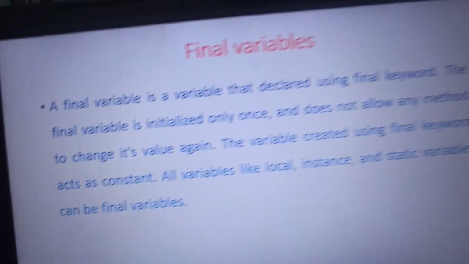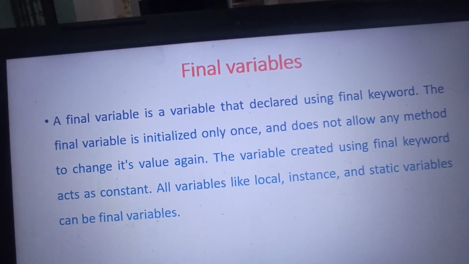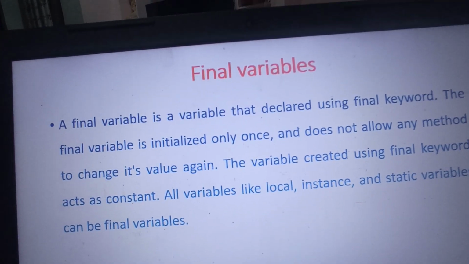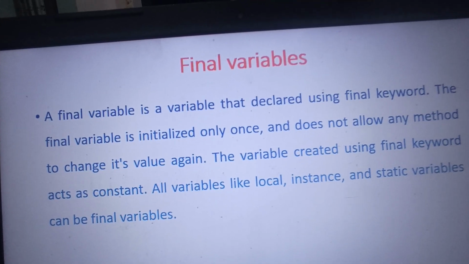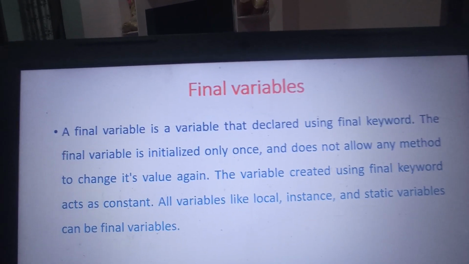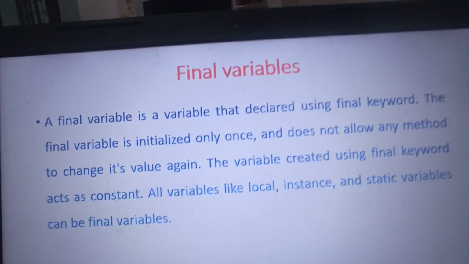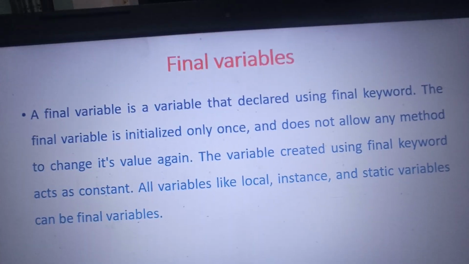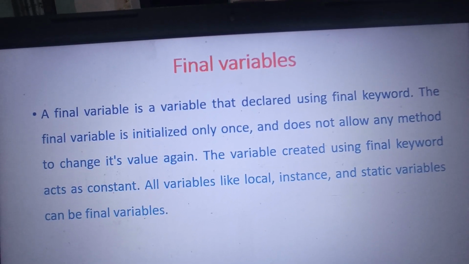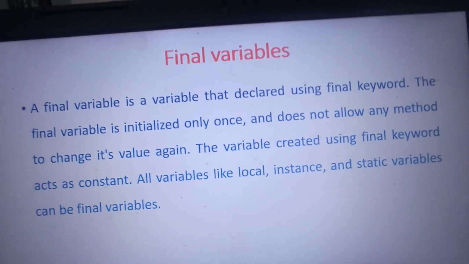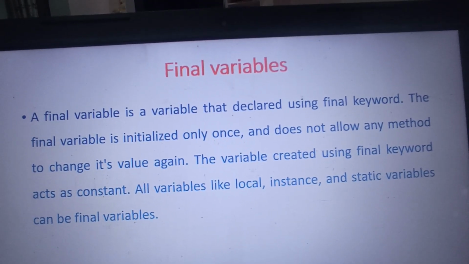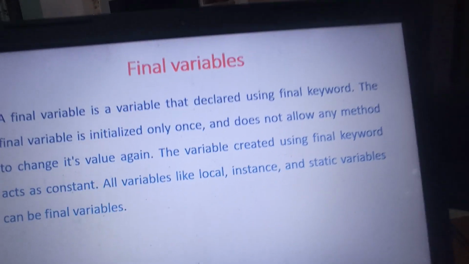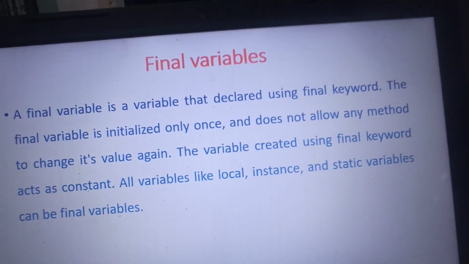And finally the last type is called the final variable. A final variable is a variable that is declared using the final keyword. Many times we use the term final. Final means there is no alternative, there is no other one. That is the reason it is called final. Same thing here: the value of the variable you declared is final.